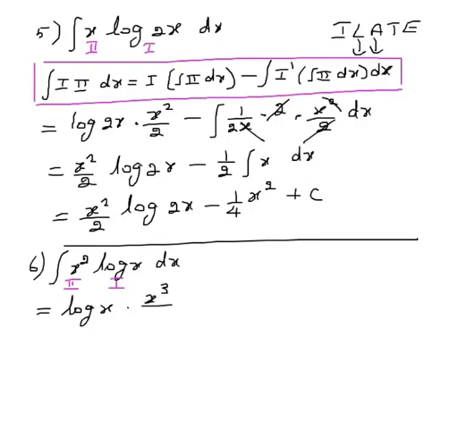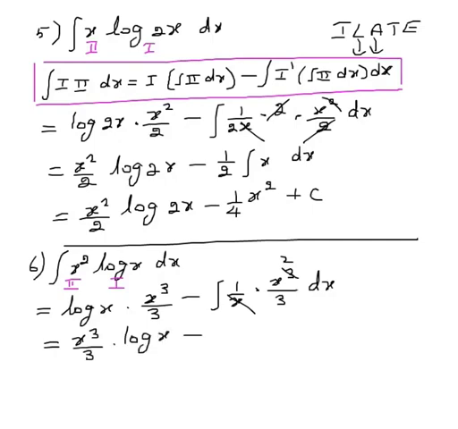Integral of x square is x cube divided by 3 minus integral differential of the first function. Differential of log x is 1 by x into integral of the second function, which is x cube by 3. It becomes x cube divided by 3 multiplied with log x minus 1 by 3, which is a constant.